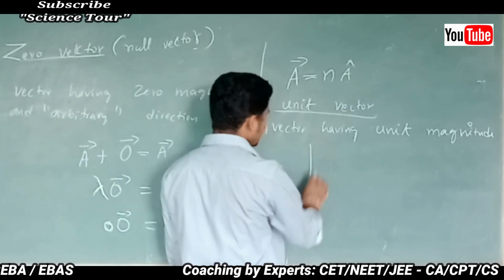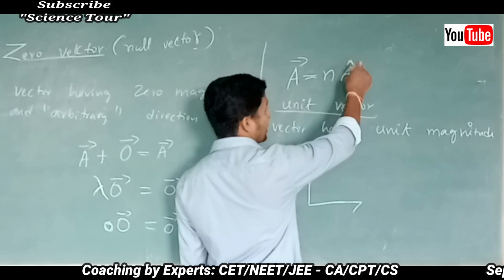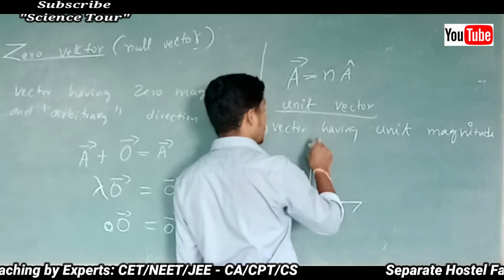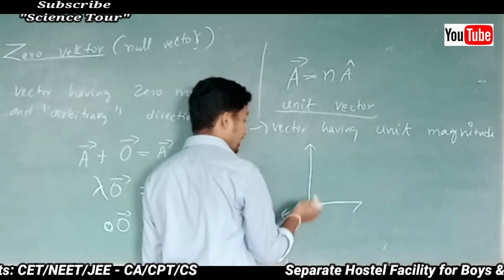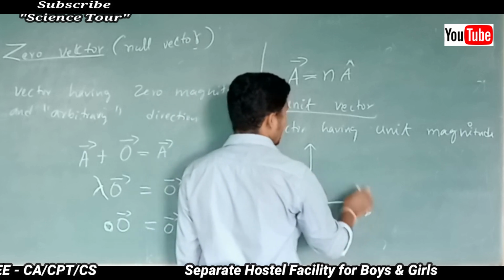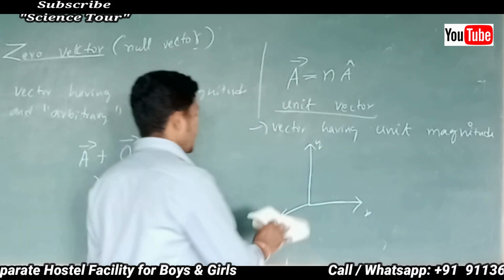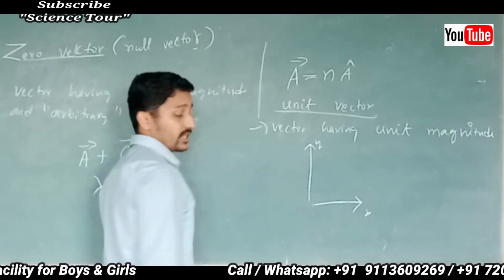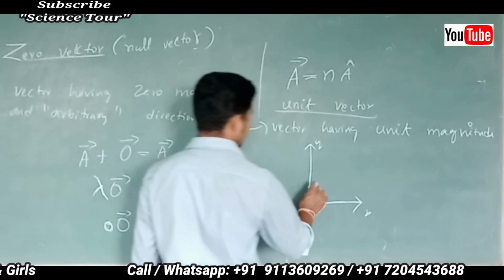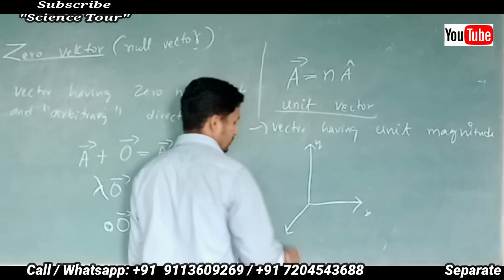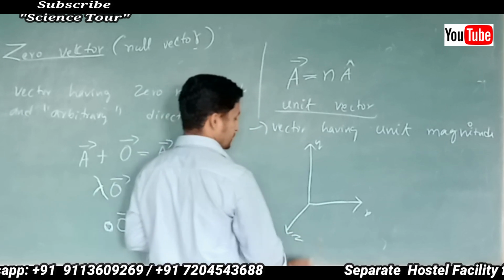So now, x-axis is there, y, z. If I write down the x-axis, the y-axis, and the z-axis, what is the unit vector?